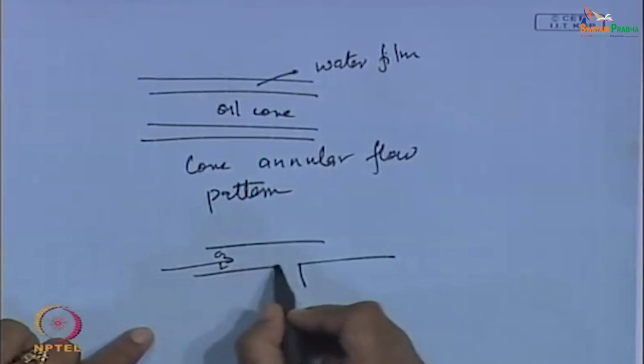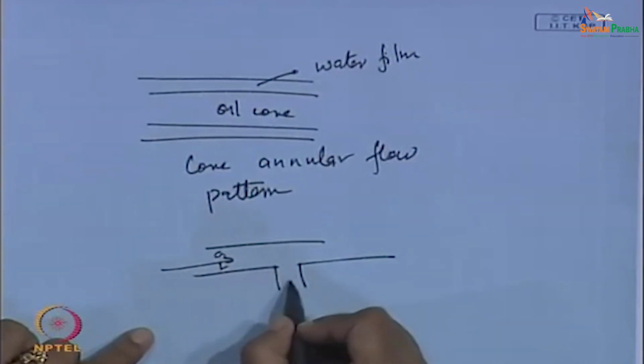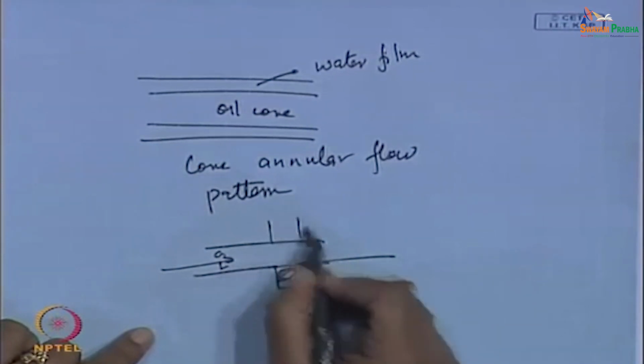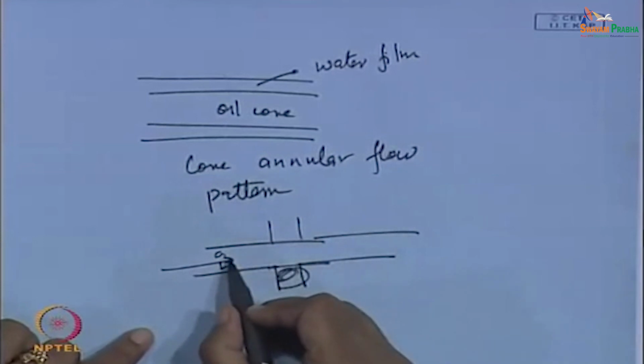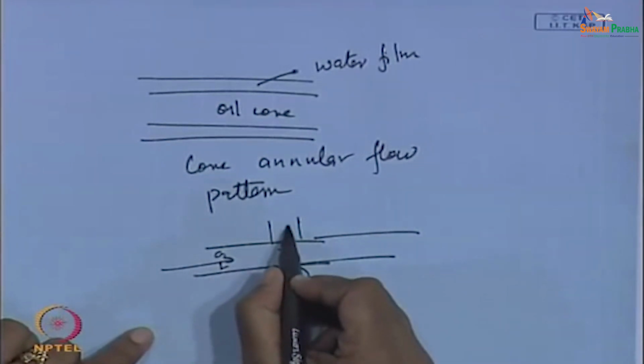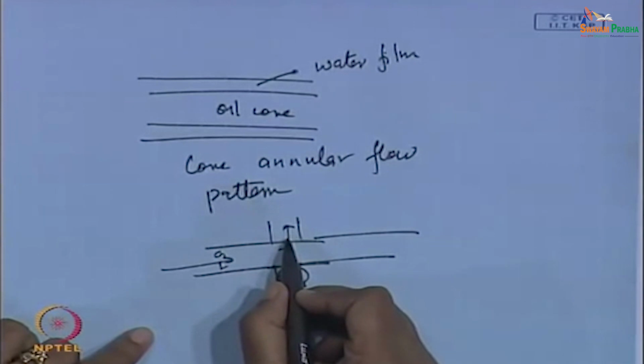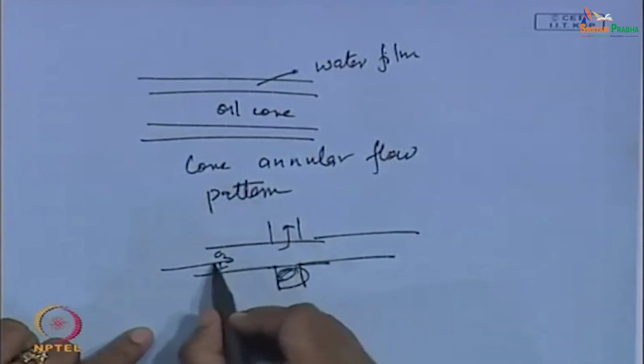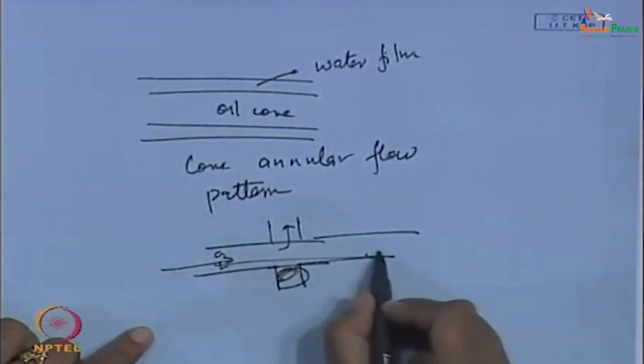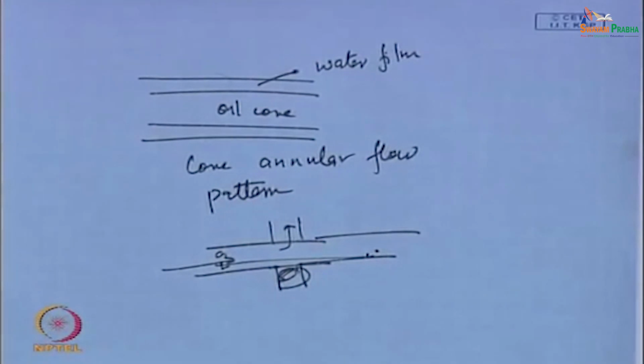Now, whenever it encounters a T-junction, I will draw it in this particular way, it is a horizontal T-junction. What happens? The gas will have a tendency to move in faster because of its lower inertia, and the liquid will have a tendency to flow straight because of its higher inertia. Yes or no? So, therefore, we find a T-junction can be used as a partial separator also.